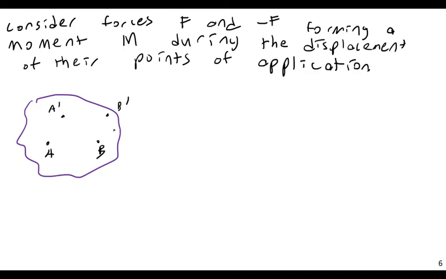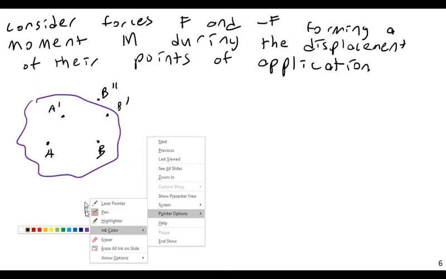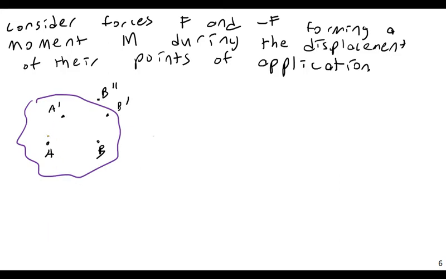And then I could actually say maybe I had a B double prime up here as well. So there's both a translation and a rotation going on, essentially. There's translation of A and then rotation about A. So I would have dr1, which would be the same vector.